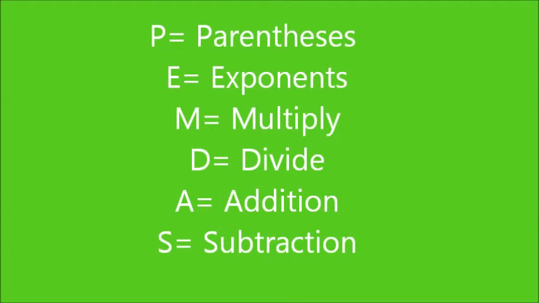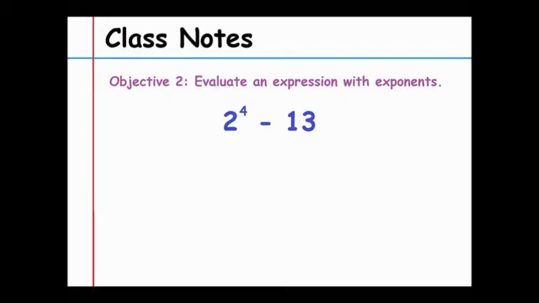Remember when solving any mathematical expression that we have to follow the order of operations. Parentheses being first, then exponents, multiplication, division, addition, then subtraction. Exponents are right after parentheses, so they'll be the first thing we solve in our expressions. Then we can move on to multiplying, dividing, addition, and subtraction.